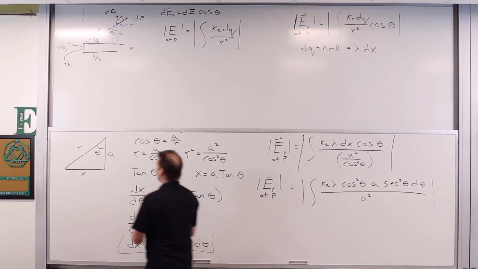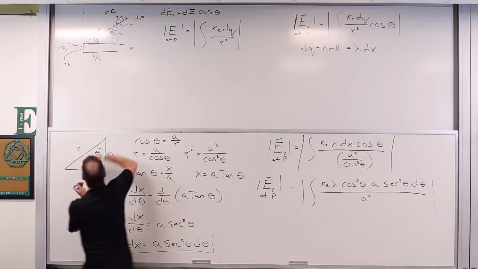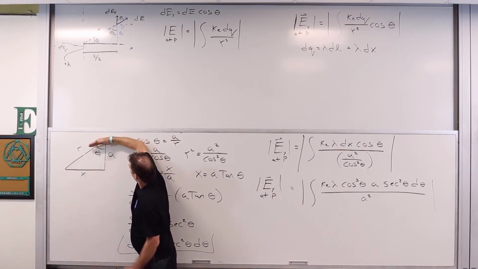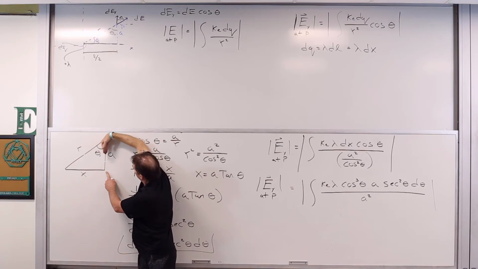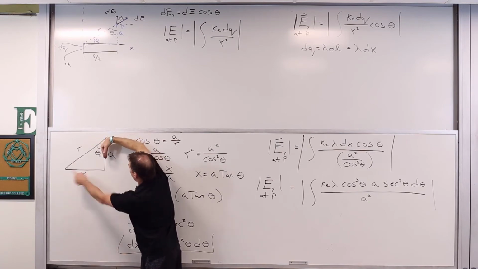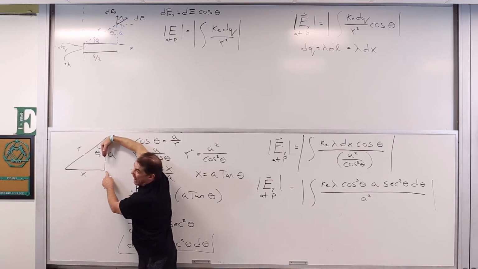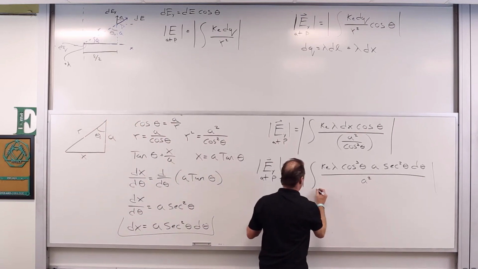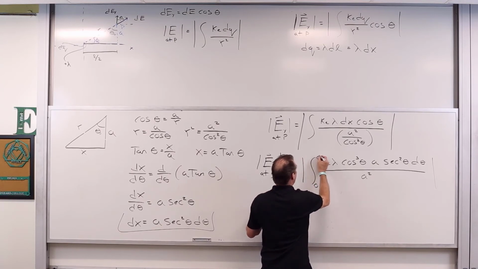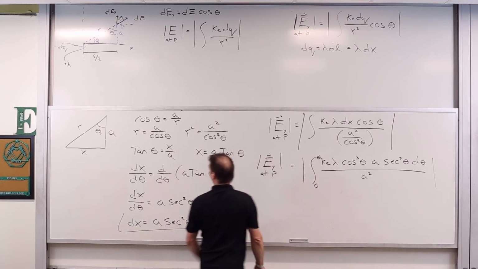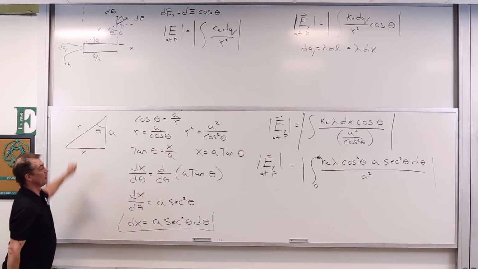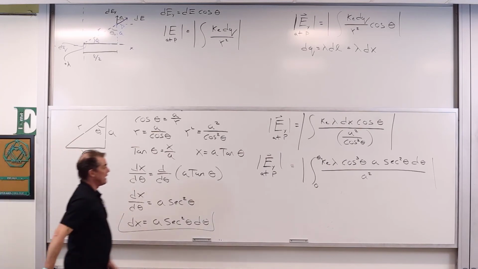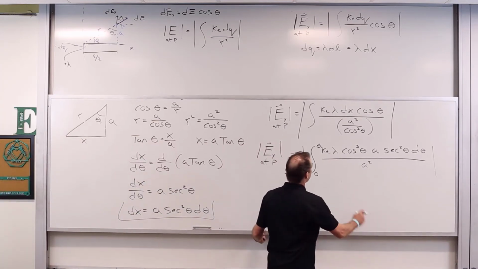So what are we going to integrate from? Well, we integrate from the largest angle relative to the midpoint down to 0. That's it. When this goes down, it goes across the entire distribution, or half of it, and we're down to 0. So we can have our limits of integration go from 0 to theta sub 0. Theta sub 0, again, is the large angle with respect to the end of the distribution.